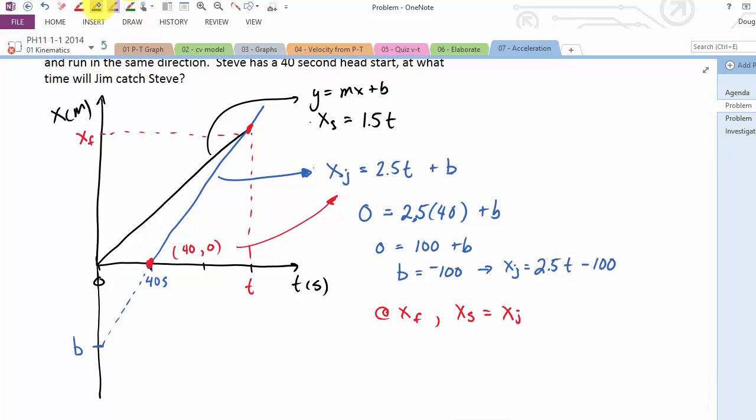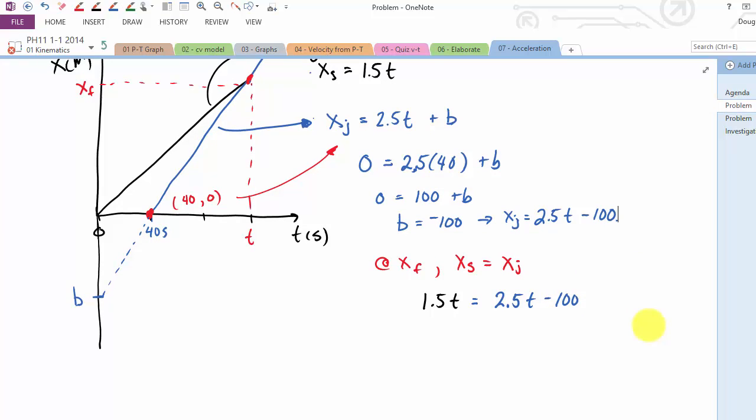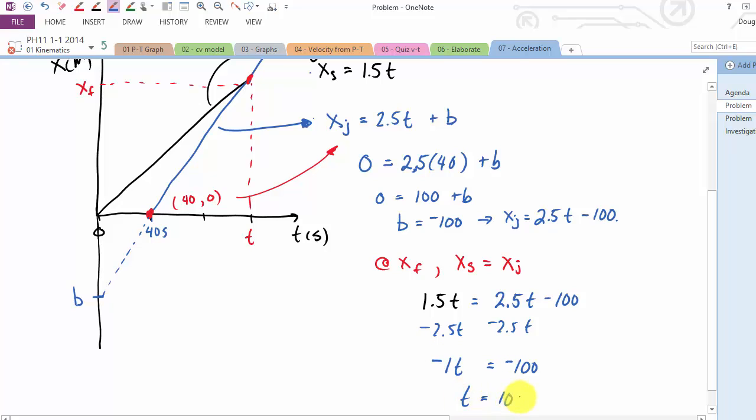So we can say that 1.5 t, that's x of Steve, is equal to 2.5 t minus 100, which is x of Jim. Now we can solve this equation for t. Subtracting 2.5 t from both sides, we get negative 1 t equals negative 100, and t equals 100 seconds.